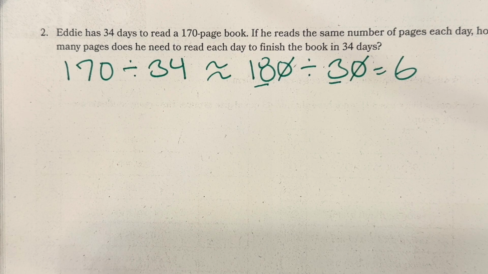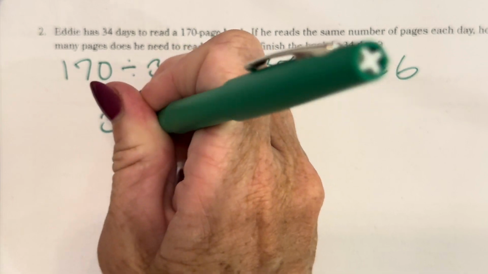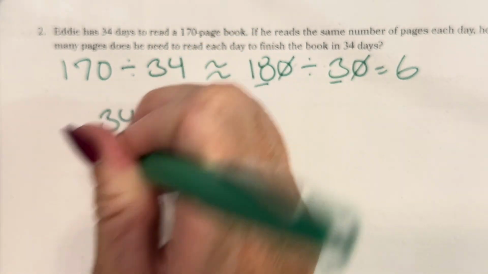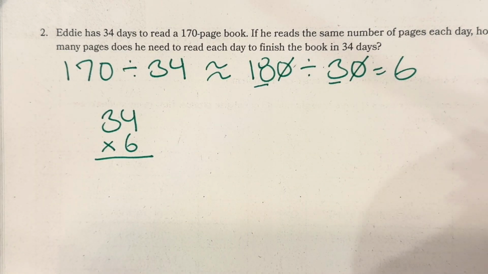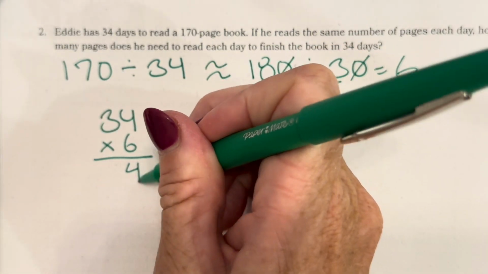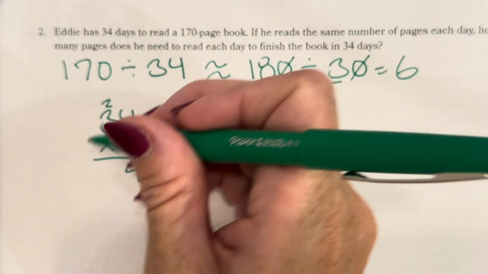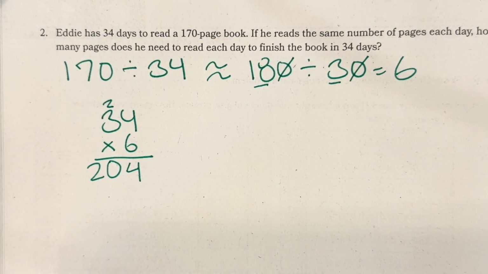So let's check that. I'm going to say 34 days at 6 pages each. Let's see how many pages he's able to read. Well, 6 times 4 is 24. 6 times 3 is 18, plus 2 is, that's 204.